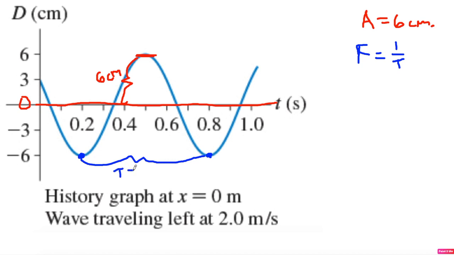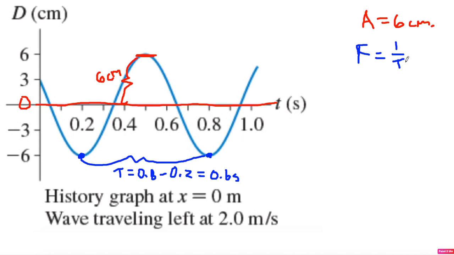So T equals 0.8, that's an 8, we'll pretend that's an 8, minus 0.2, which is equal to 0.6 seconds. Gotta remember those units, seconds.